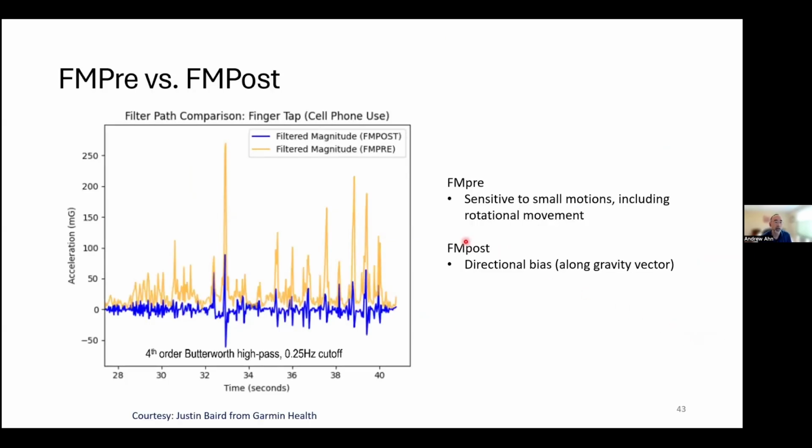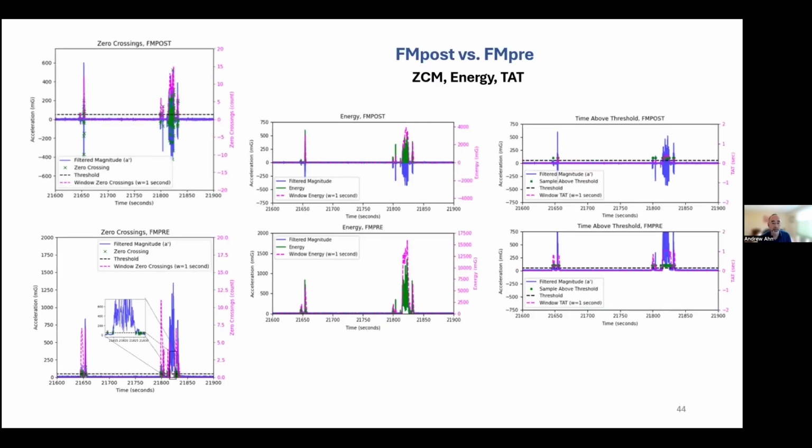So in summary, FMpre is sensitive to small motions, including rotational movement, whilst FMpost has a directional bias along gravity vectors. And so you could potentially use this to your advantage if you wanted to delineate the different types of activities that your study participants may experience.